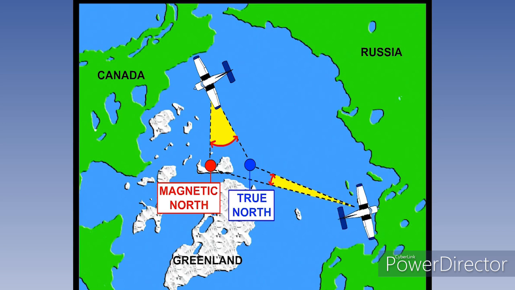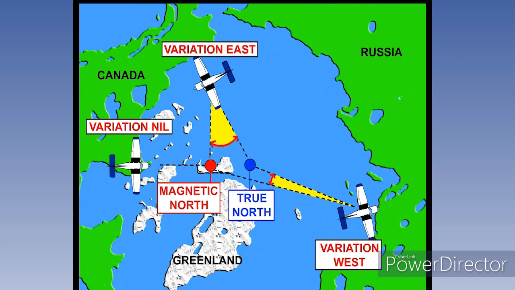Variation will depend on the relative position of the observer on the Earth's surface, to magnetic north and true north. Variation can vary from 0 to a maximum of 180 degrees. Additionally, the sense of variation is important, whether magnetic north is to the east or west of true north.